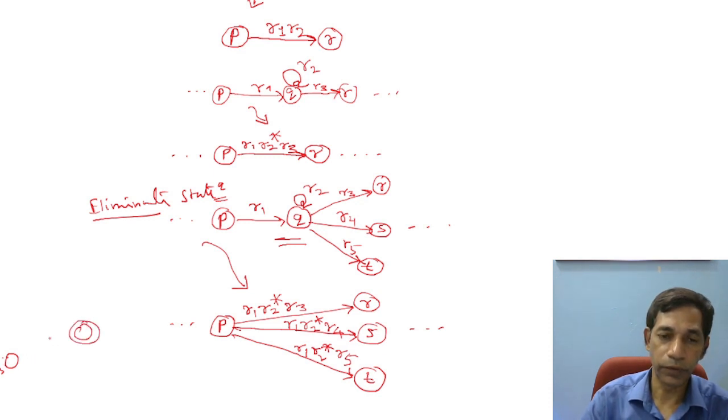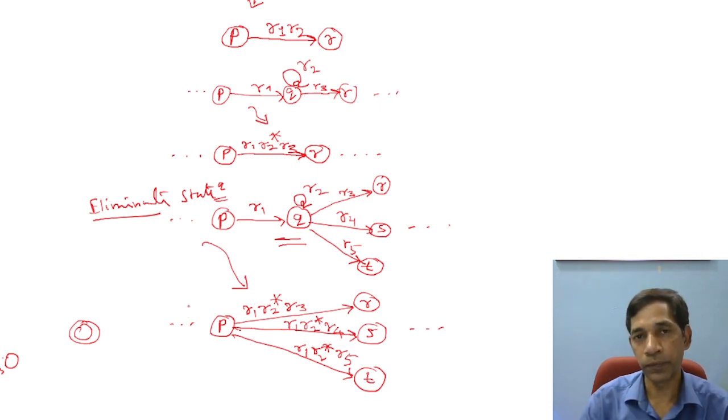So you have to eliminate all states one by one in some order. Order is not important here. Once you are eliminating the states, you can eliminate them in any order.